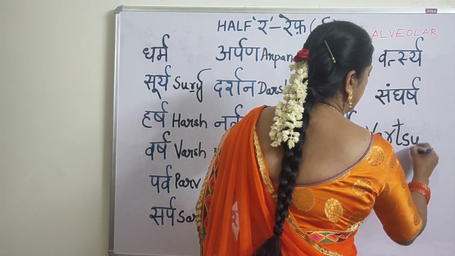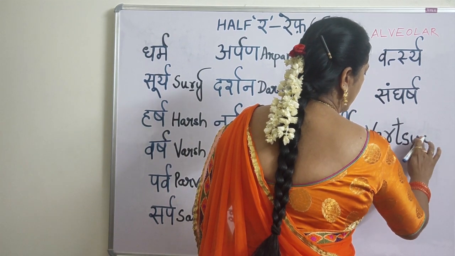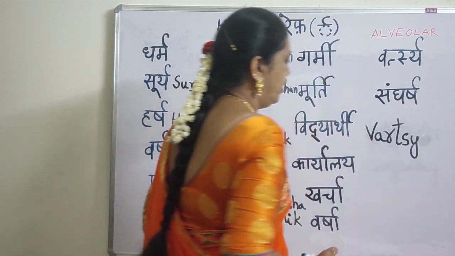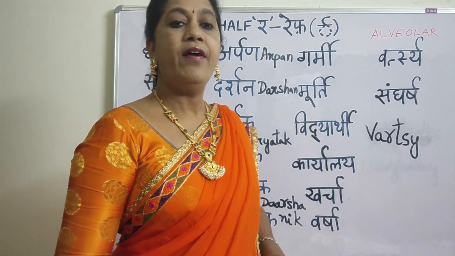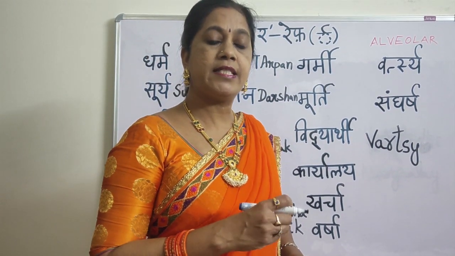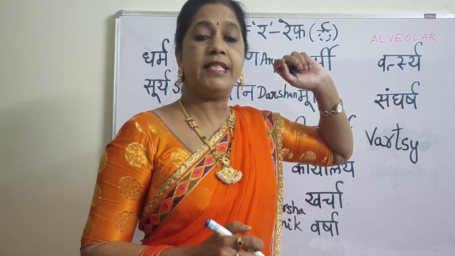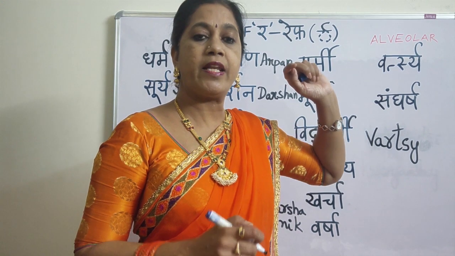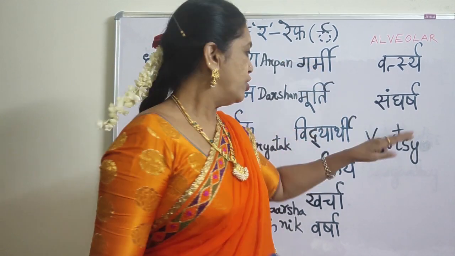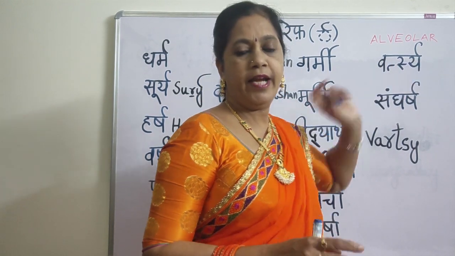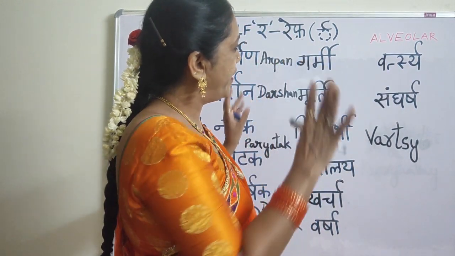Then yeah, actually ya also is a half sound. So how do you pronounce this? It is Vatsya. Okay, Vatsya. Not Vartsya. So you have to say Vatsya. So that R which is coming here takes over there. I hope you have understood it. I hope it was very clear for you.